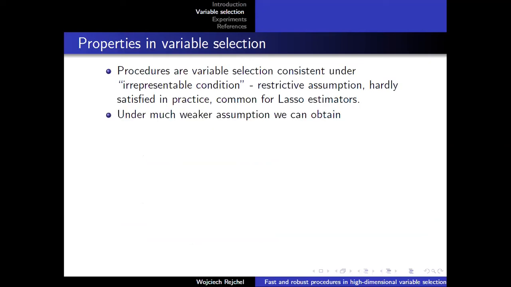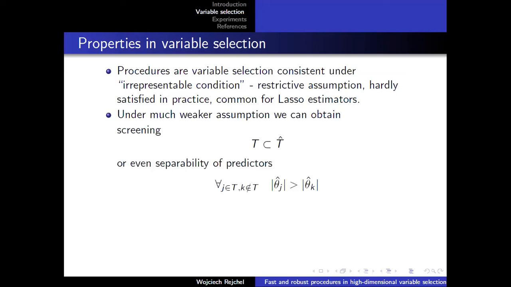And under a much weaker condition, we can prove screening, which is the case that this is the support of my estimator. So all the relevant predictors are selected by my estimator, and possibly we have also some false discoveries, some irrelevant predictors.